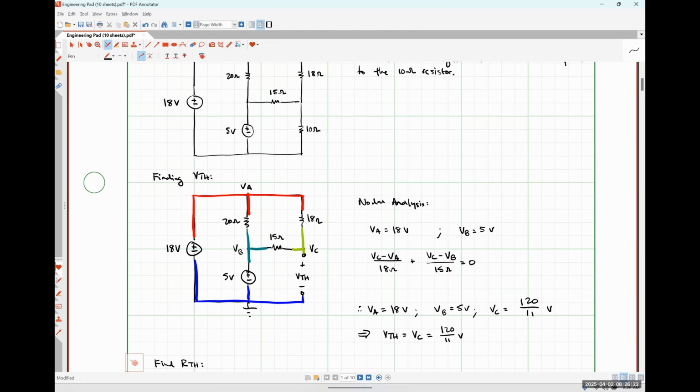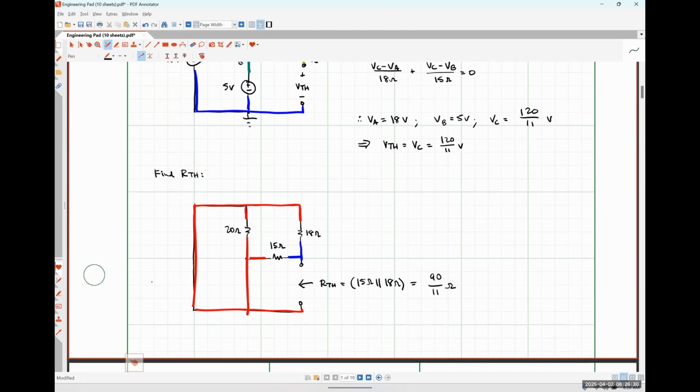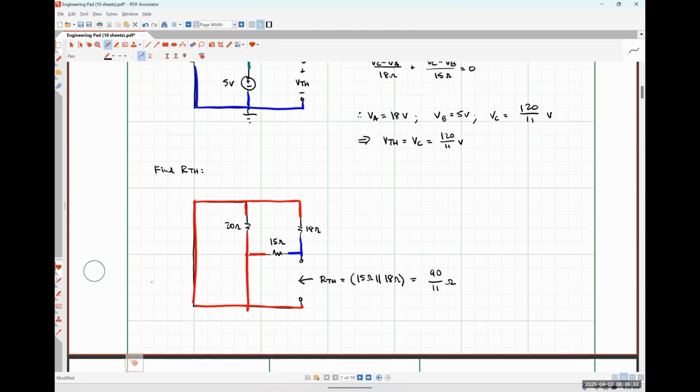To find VTH, we took our element out and we just used any method that we felt like to find that open circuit voltage. To find RTH, we looked at a dead network, so our voltage sources were turned off, and found the Thevenin equivalent resistance. And then we're just using Thevenin's theorem to say, now that I know what VTH is and RTH is, I can replace that whole network with that Thevenin equivalent.